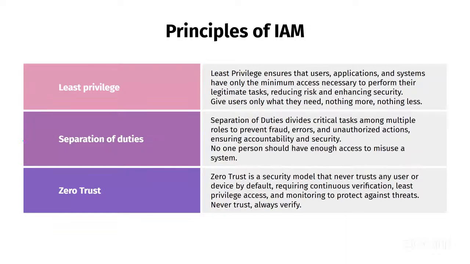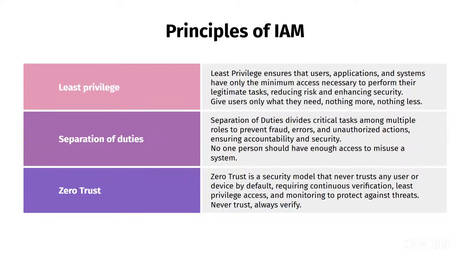Then separation of duties divides critical tasks among multiple roles to prevent fraud, errors, and unauthorized actions, ensuring accountability. So for separation of duties, you do not give one person more than enough access, to reduce misuse of the system.